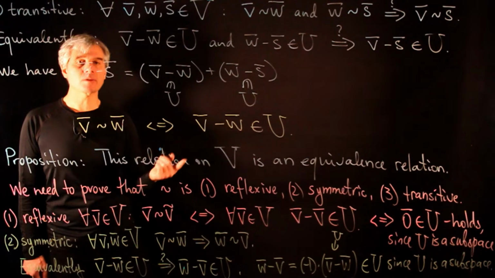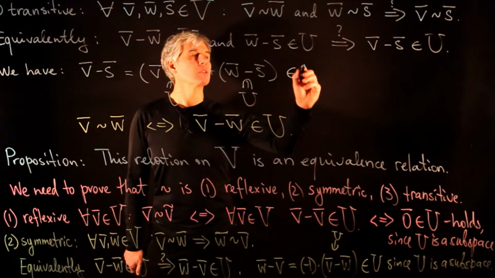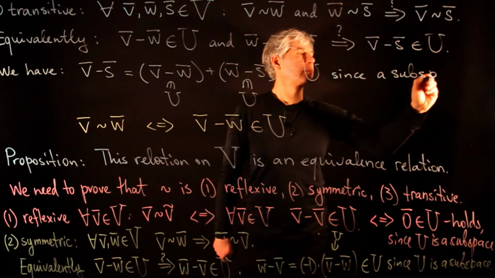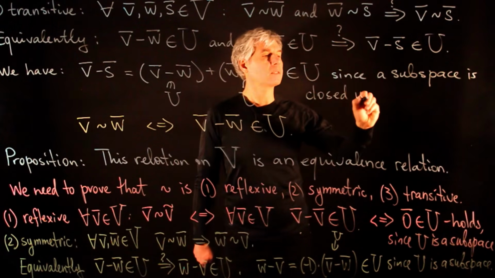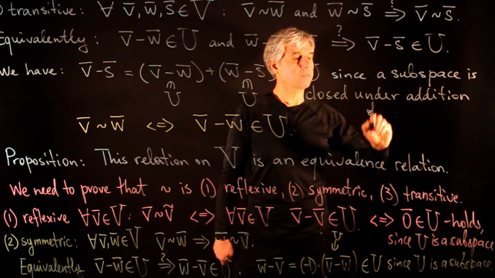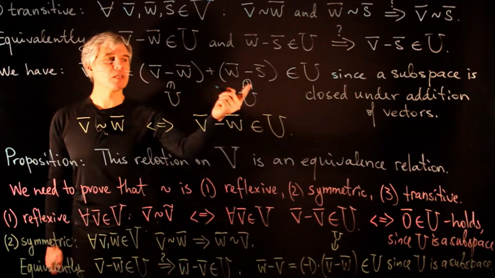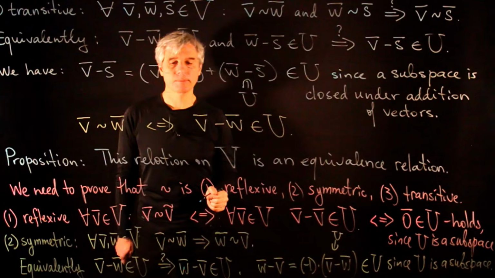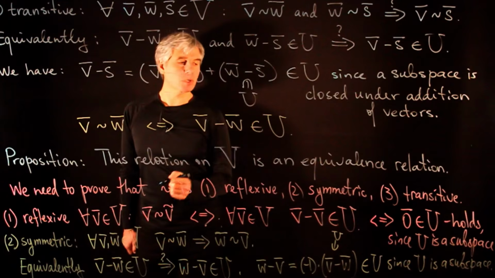So if we take two vectors in U and add them, the resulting vector is also in U. So we conclude that this is in U, since a subspace is closed under addition of vectors. So if we have two vectors in a subspace, then their sum is again in the subspace, and this shows transitivity of this relation. So we proved that this relation is reflexive, symmetric, and transitive, so it is an equivalence relation.